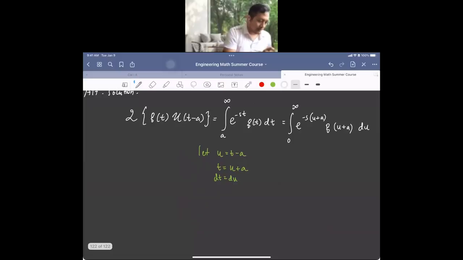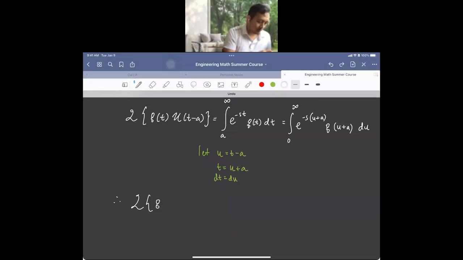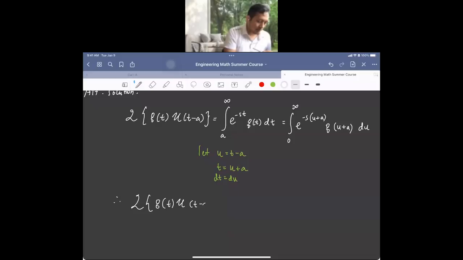So we can finally say that the Laplace of g of t, Heaviside t minus a, is equal to e negative as times Laplace of g of t plus a.